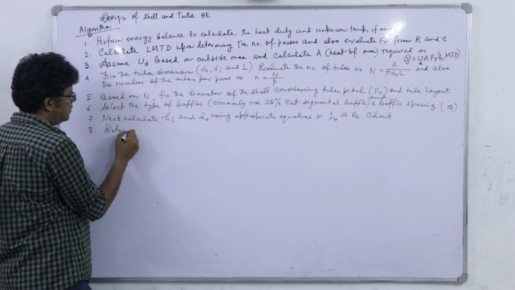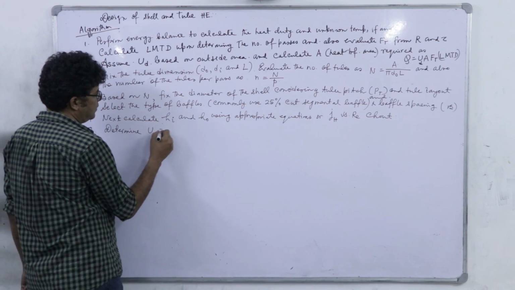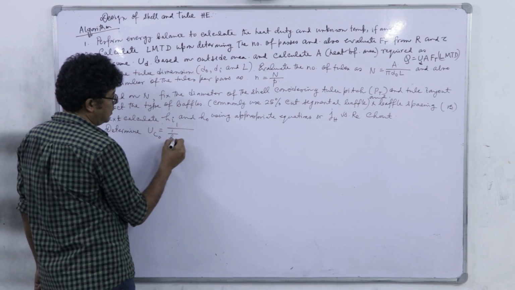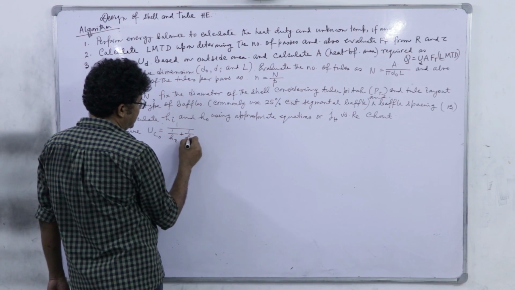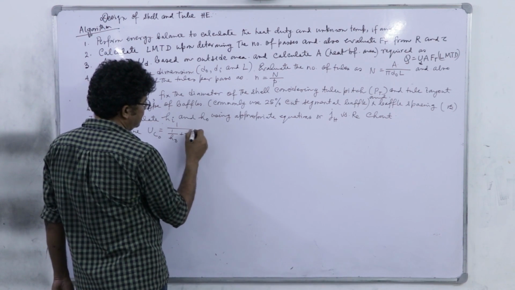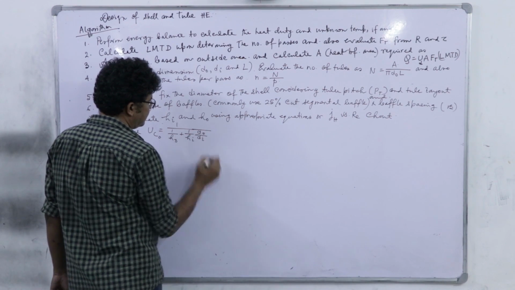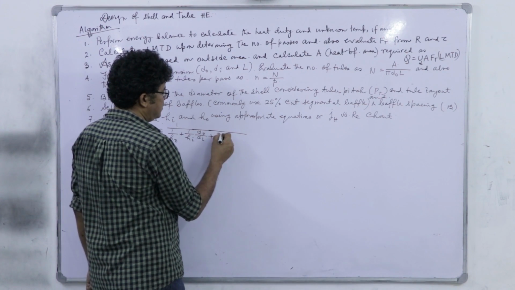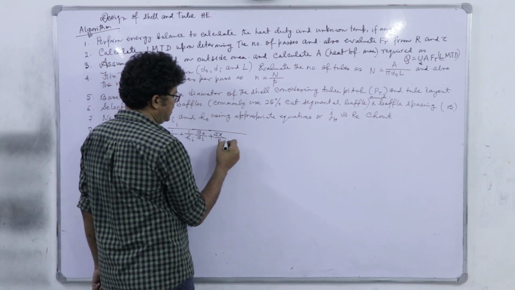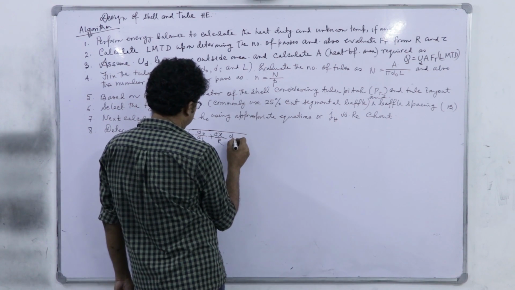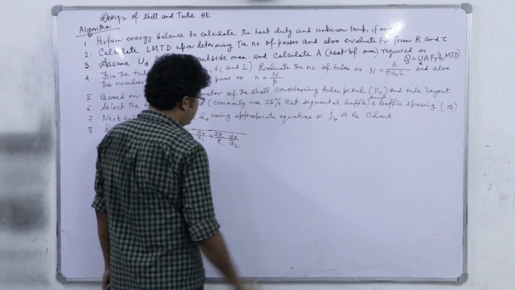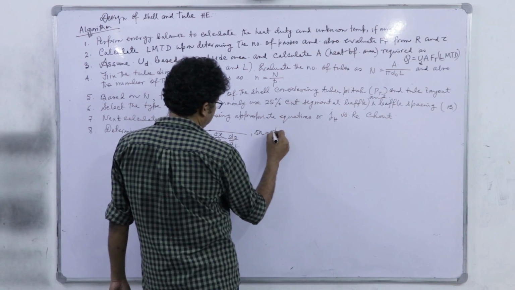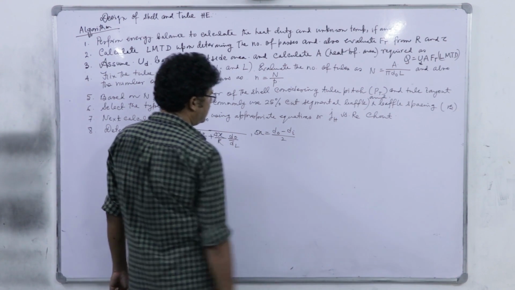Determine the clean overall heat transfer coefficient UC, based on outside diameter UCO, as 1 divided by UCO equals 1 by HO plus 1 by HI times DO by DI, plus delta X divided by K into DO by D bar L, if you include this thickness, where delta X is equal to DO minus DI by 2.